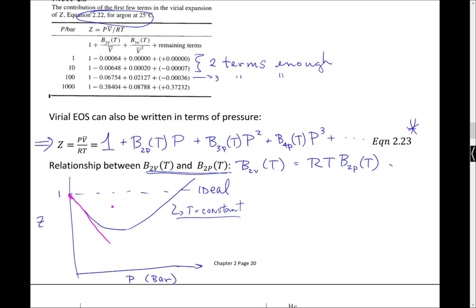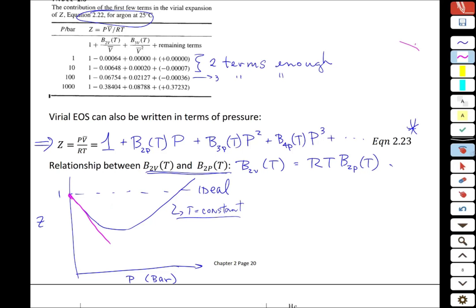And I have a linear relationship. How many terms do I need beyond 1 to describe a linear relationship? This isn't going to be linear, so I need this term, that's 1, and I need this term. And that describes this. Make sense? Okay. All right, so let me blow that up for a moment.